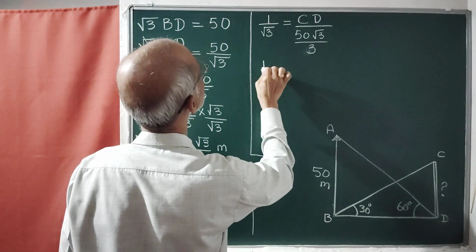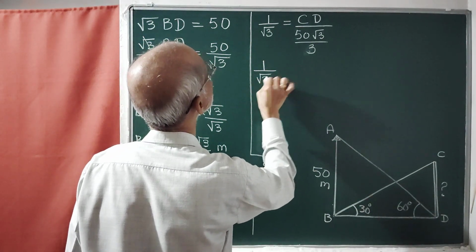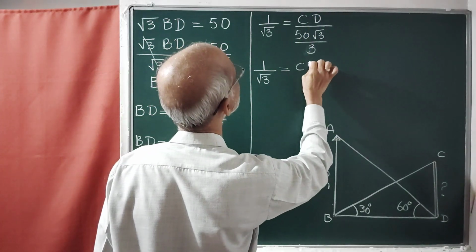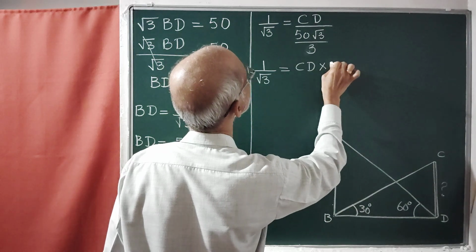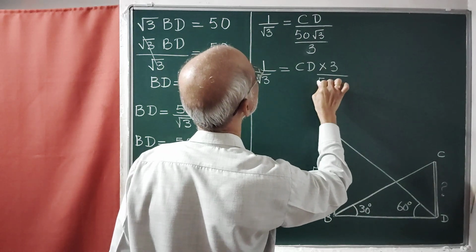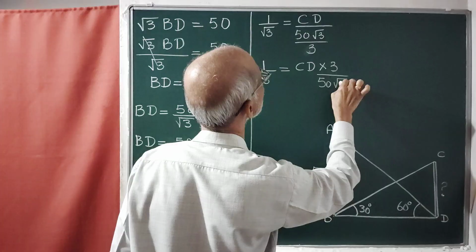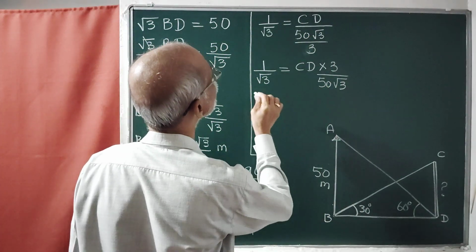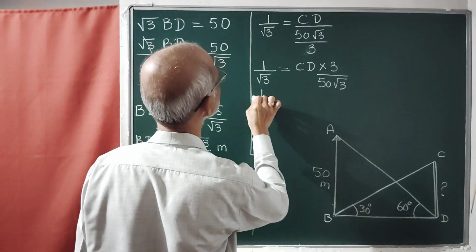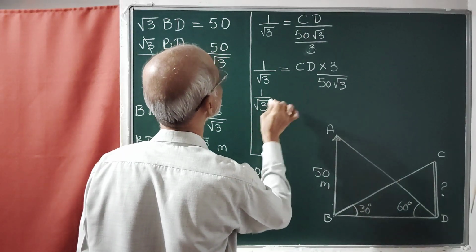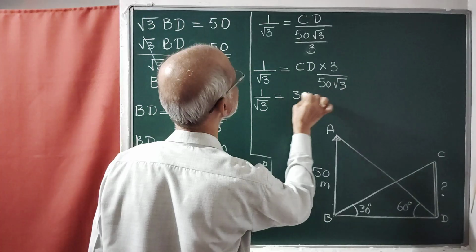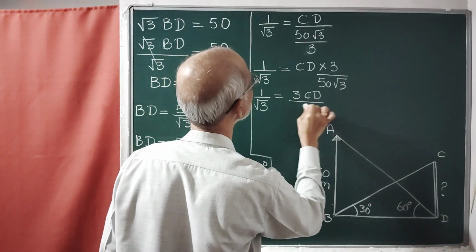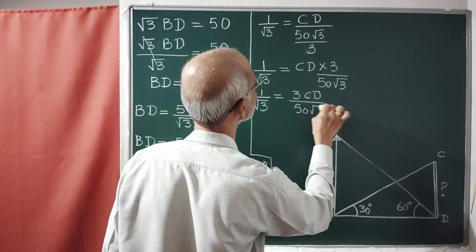So 1 by root 3. Now we have to divide this fraction. So it will be CD into 3 by 50 root 3. We will reciprocate this fraction. So 1 by root 3 will be equal to 3 CD by 50 root 3.